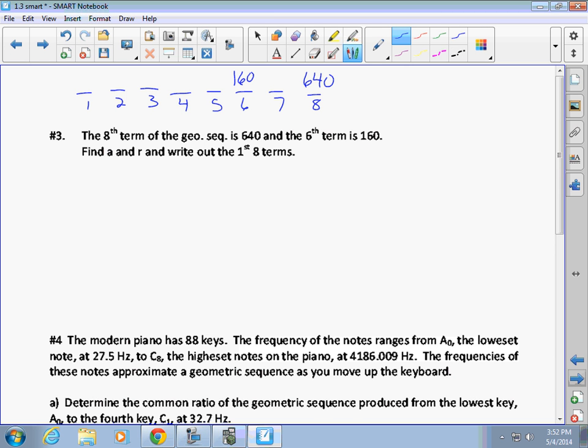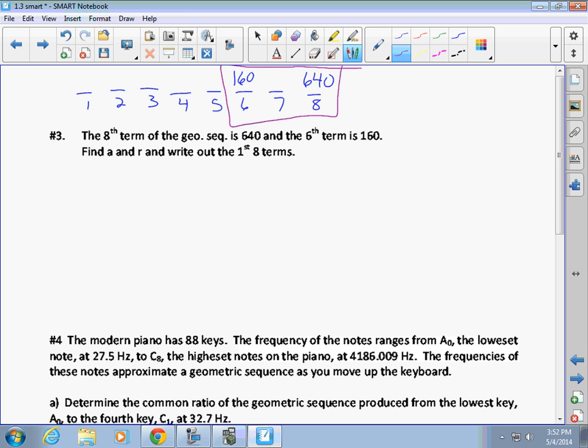They haven't told us what our first term is, so we don't have an A value. And we don't have an R value for the whole sequence here. But if we just look at one chunk here, and use that as our sequence to start with, then we can say we have an A value and we can find out what R is.